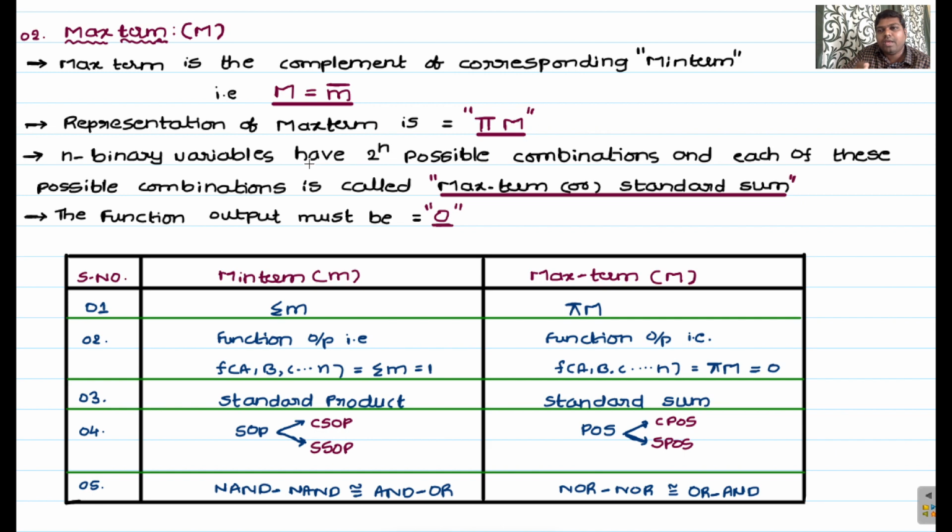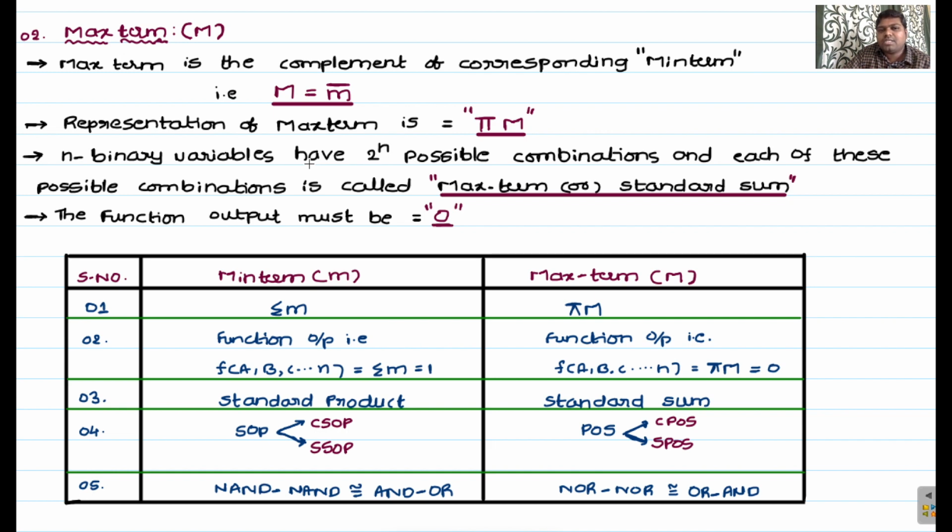In the same way, max term is denoted by capital M, and it is the complementary form of the min term, that means capital M equals small m bar, and the representation is pi capital M. Each and every possible combination is called a max term, otherwise called a standard sum. That means the product of sums represents this max term representation, right?